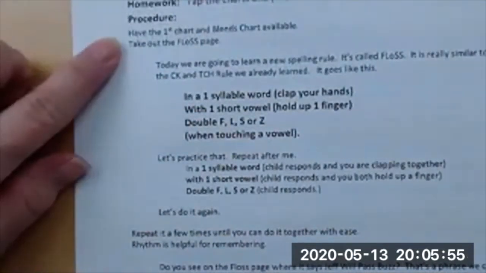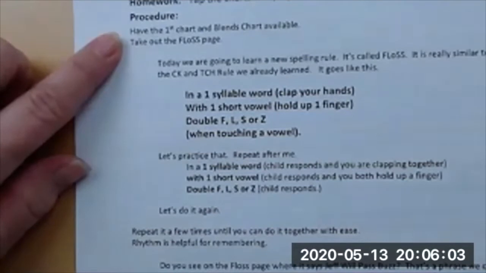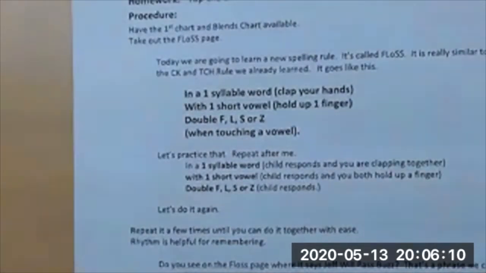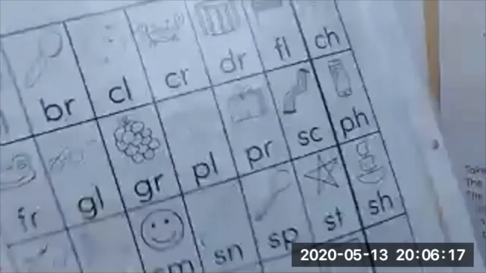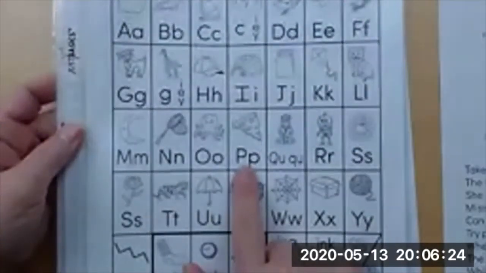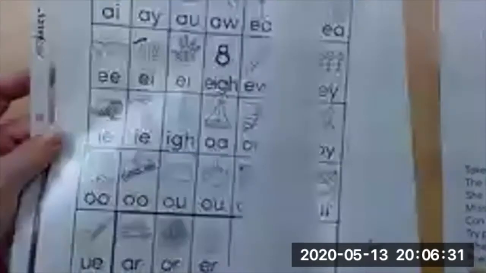So what you do is have the first chart and the blends chart out and available so that the child can reference those. That's really an always. Whenever you're working with the child, always have the charts out for the child to be able to access. Even if the child has their charts in plastic sleeves, front and back, we still want the child to be able to have the chart so that they need to go back to the chart to get a sound, that they have their resource available for them to use so that they can be in control of their learning.